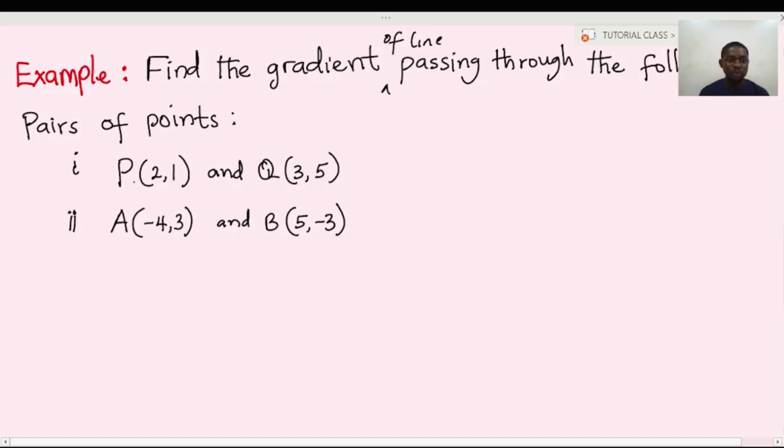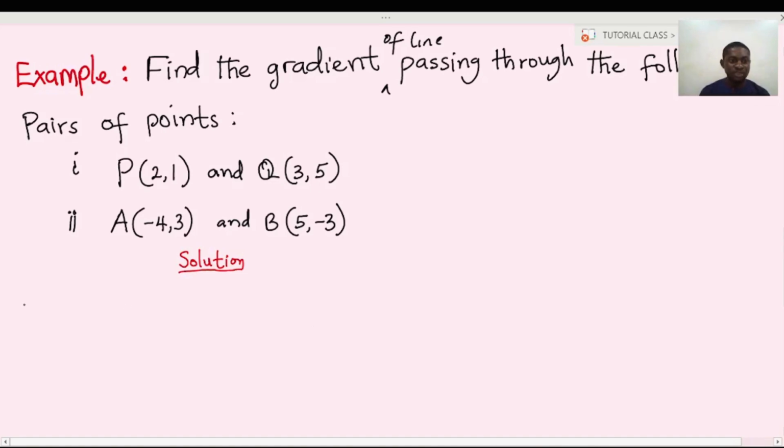So we have 2 points on a line, which is point P and point Q. We are to determine the gradient. So to do this, we go by saying, solution.